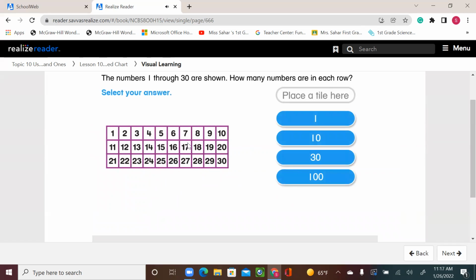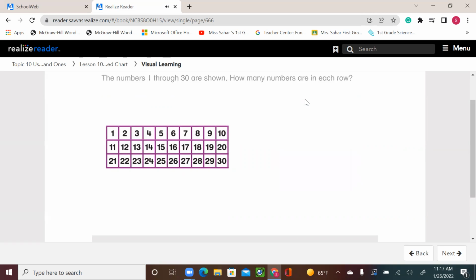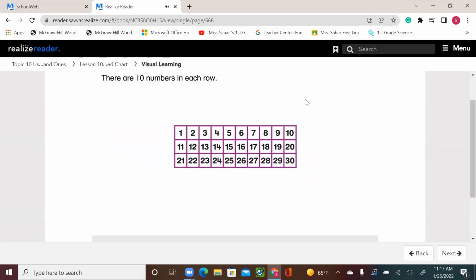All right, so this is part of the 100 chart, and we can tell that it starts from 1 all the way till 30. And we can also see that each row has 10 boxes or 10 numbers. So let's choose 10. There are 10 numbers in each row.